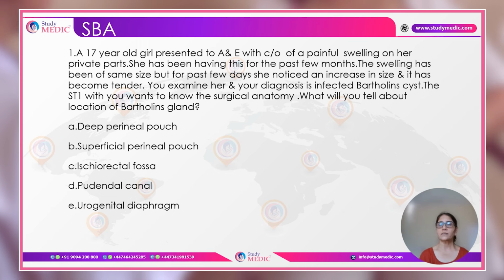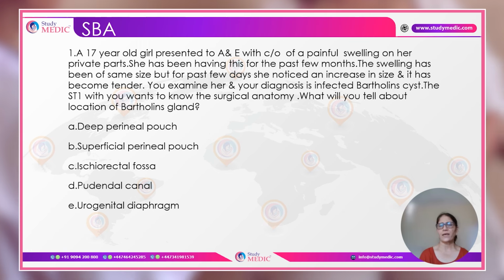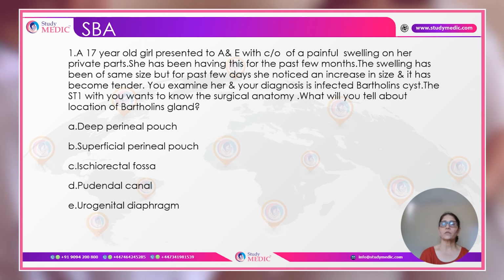It only contains the internal pudendal artery, nerve and vein. So the pudendal canal is out of the question, and so is the ischiorectal fossa, because we know the ischiorectal fossa mainly contains fat and a few lymph glands. The options that you are left with are the deep perineal pouch and the superficial perineal pouch.